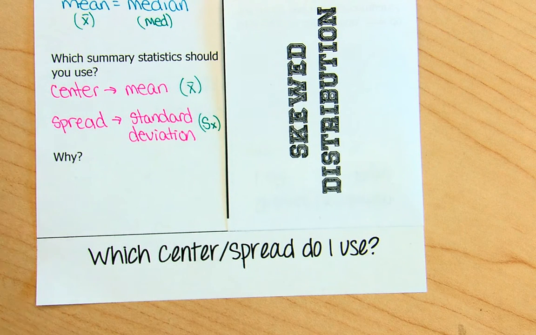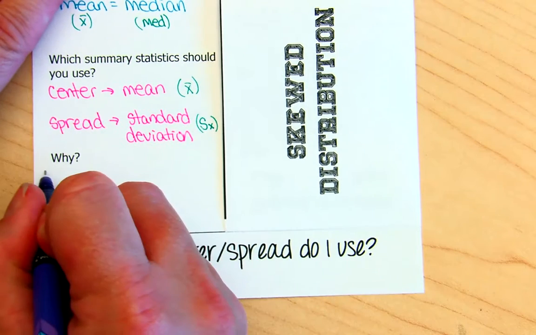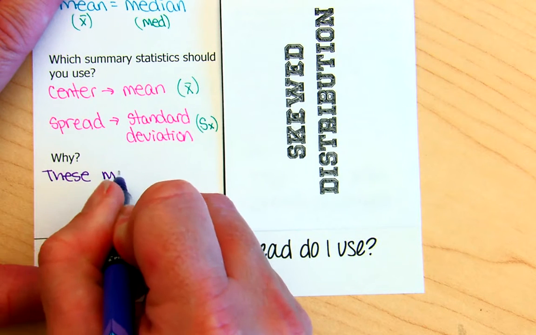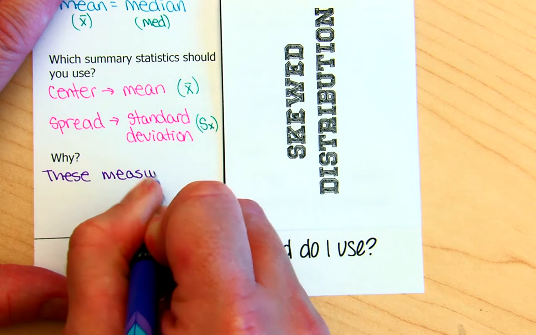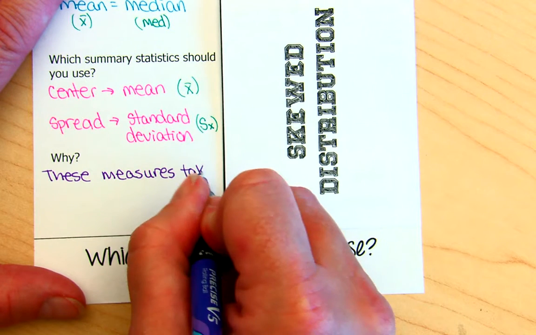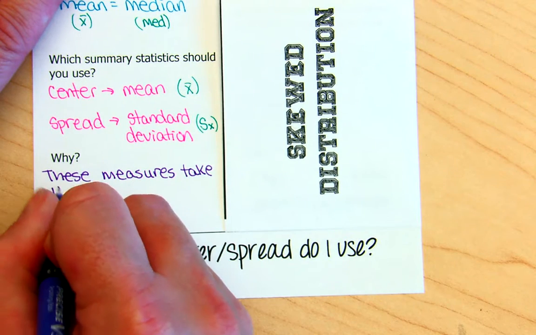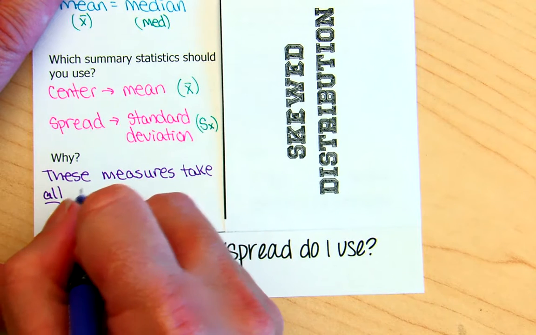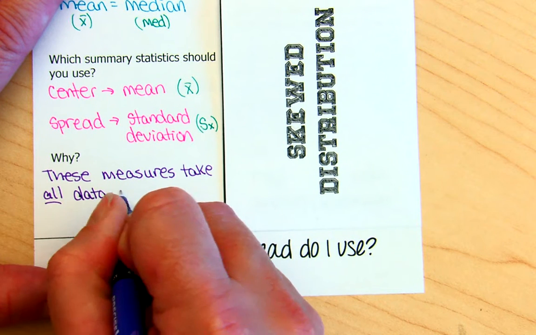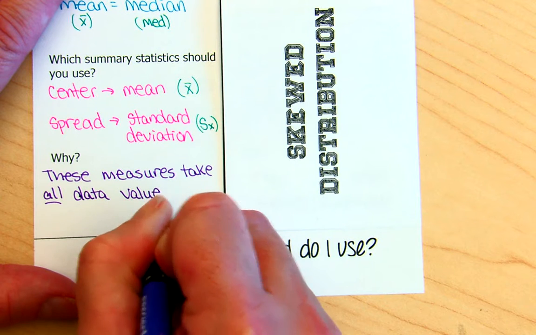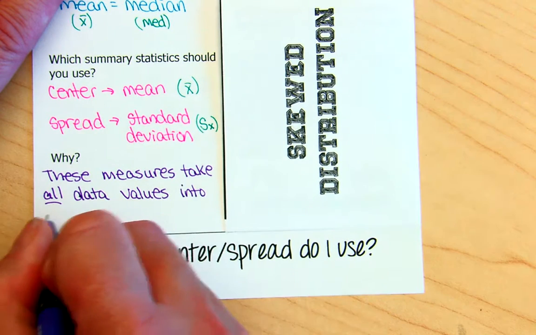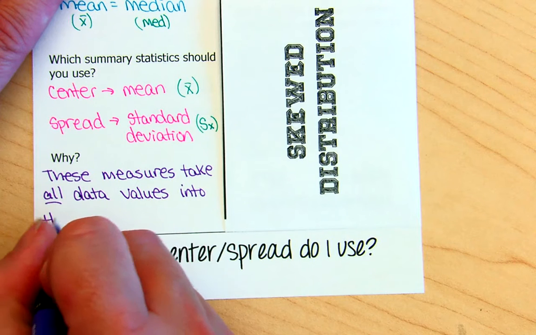So why do we choose those? Because these measures take all data values into their calculation.